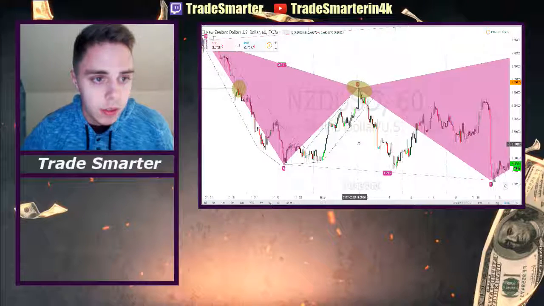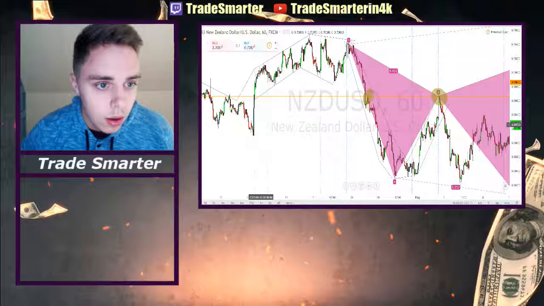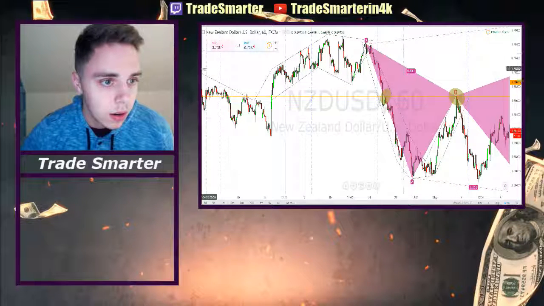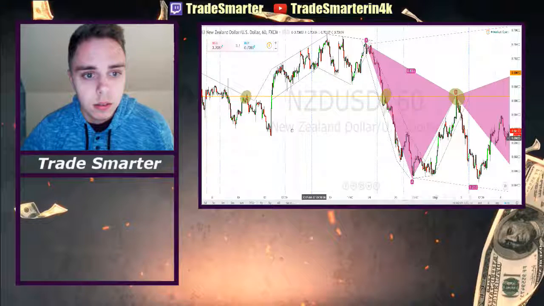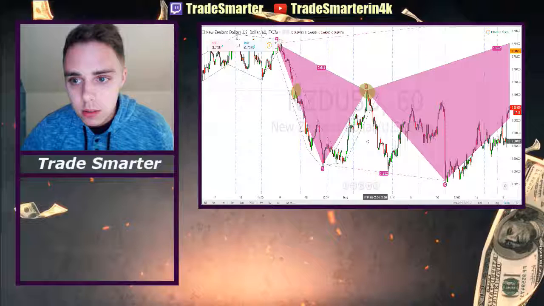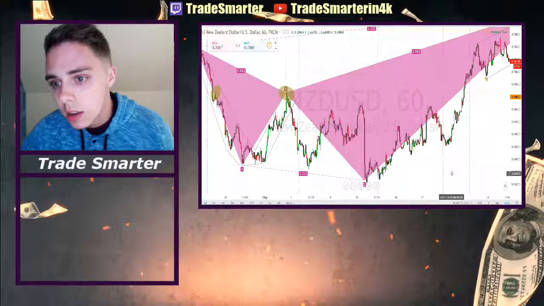And because of that, we know that this is a stronger point. Even over here too, look at that. So this is a very powerful area for price resistance. That is at 0.69663.